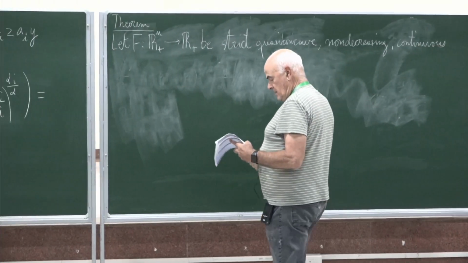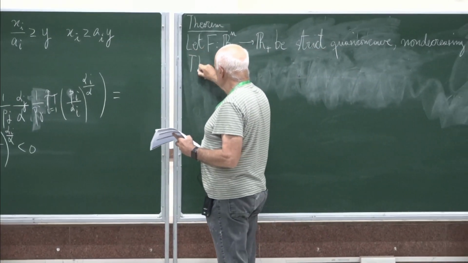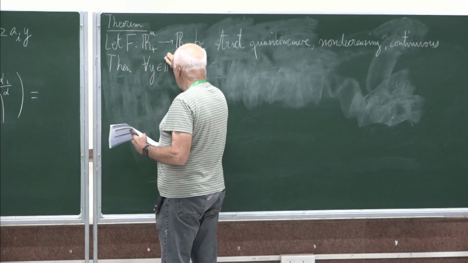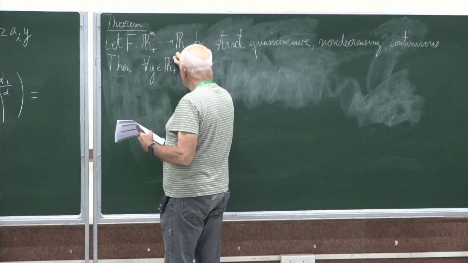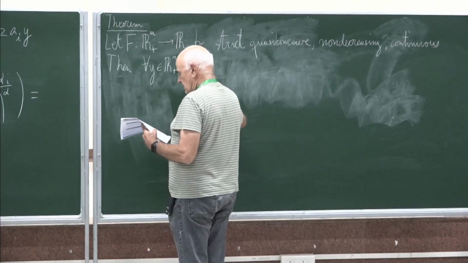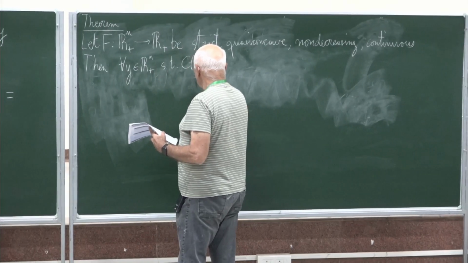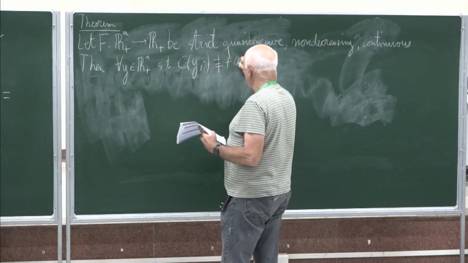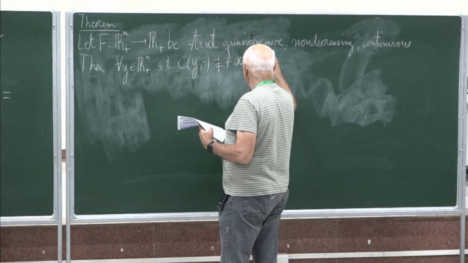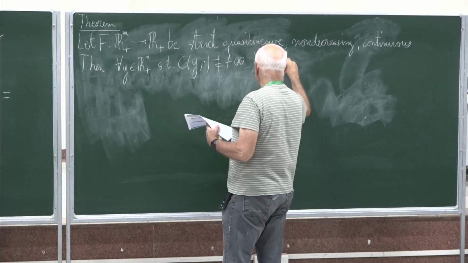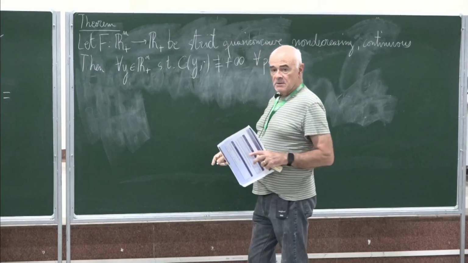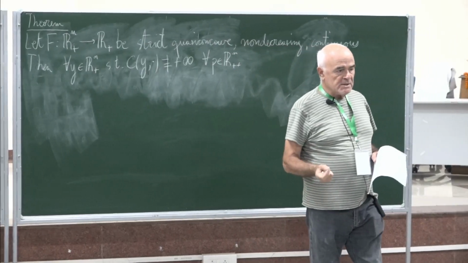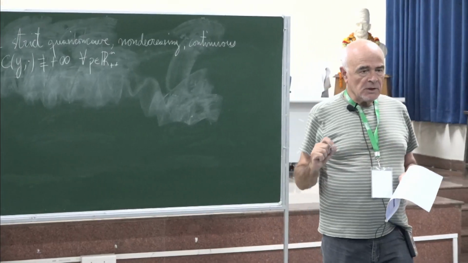Then for every y in R plus n such that this function is not plus infinity, and for every p in R plus n, so you remember, if a cost function is not identically plus infinity, it is finite valued everywhere.